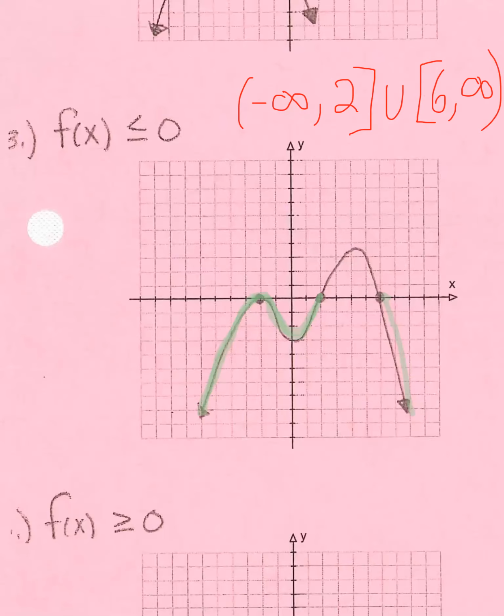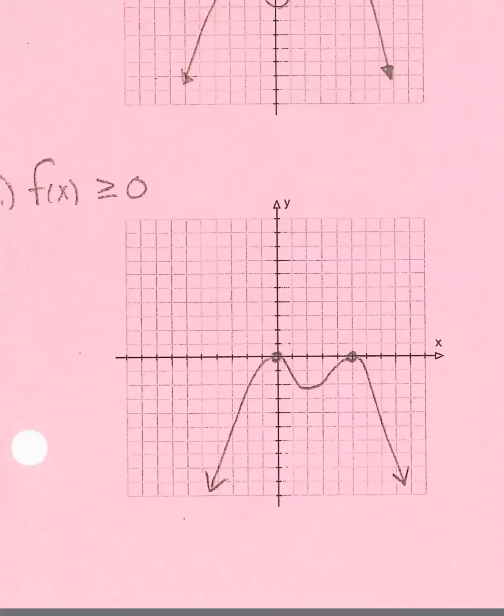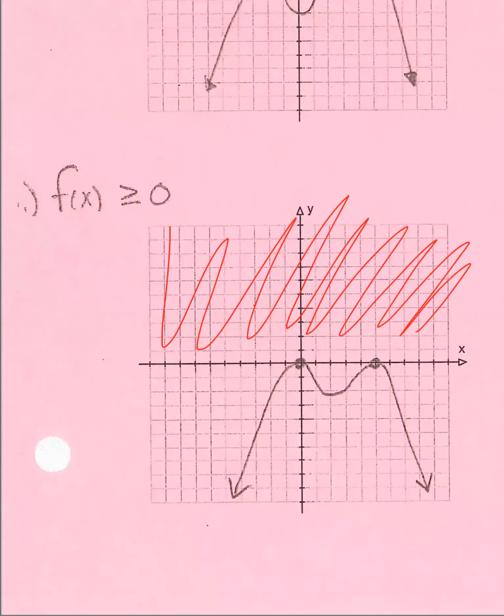Okay, all right. Let's try this one right here. And then there's at least one I want to do on the back. Okay, so this time I want greater than or equal to 0. So where is this function positive or equal to 0, right? So that would be any portions of the graph that are up here, right, in the y is positive region.